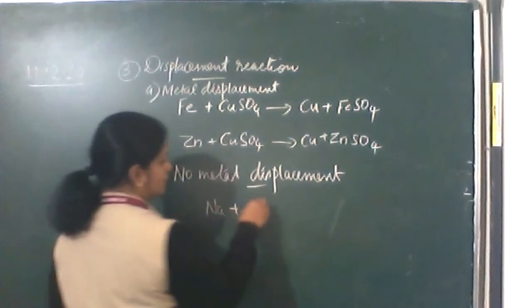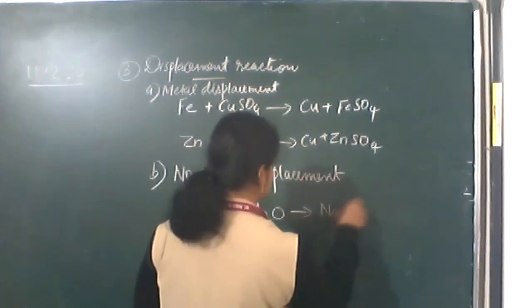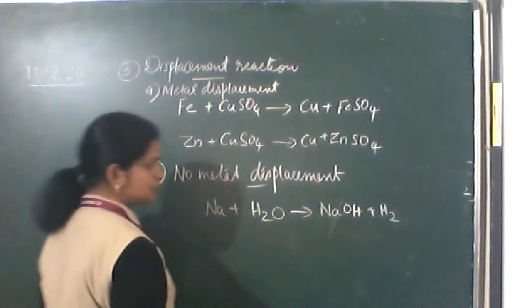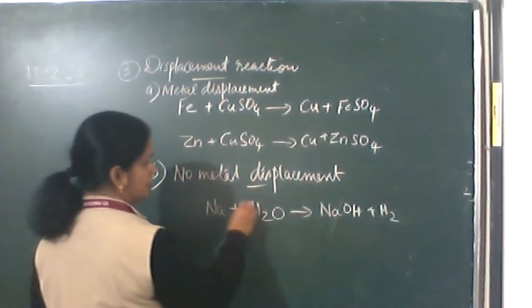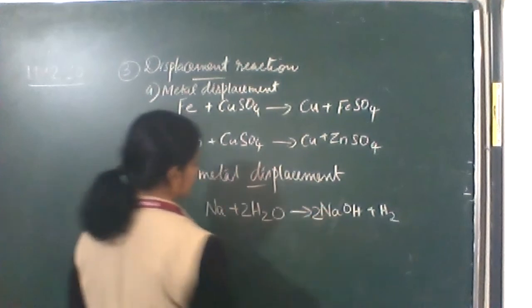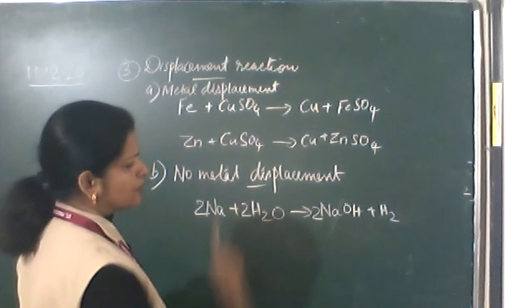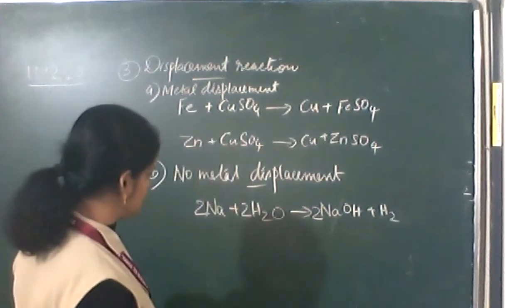Na in water, it catches fire due to the formation of H2. It's an exothermic reaction. The H2 is catching fire. See, hydrogen, a non-metal, is displaced.